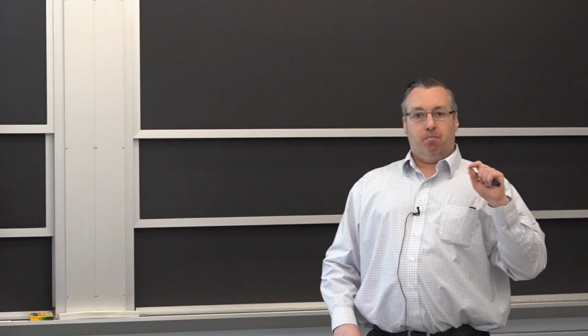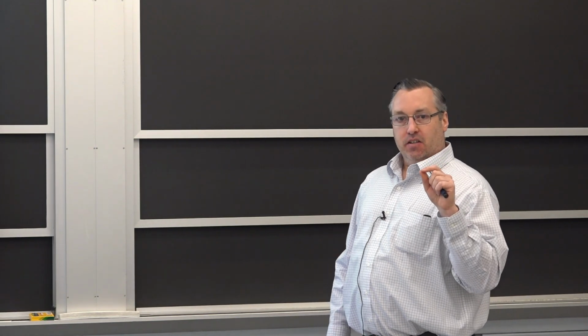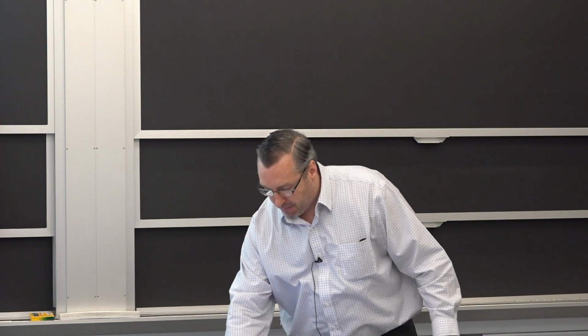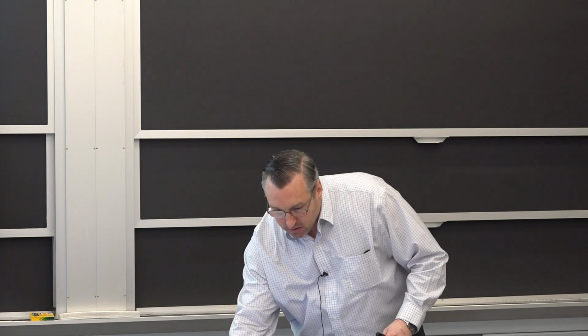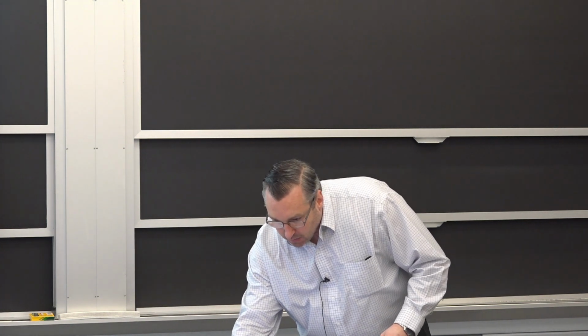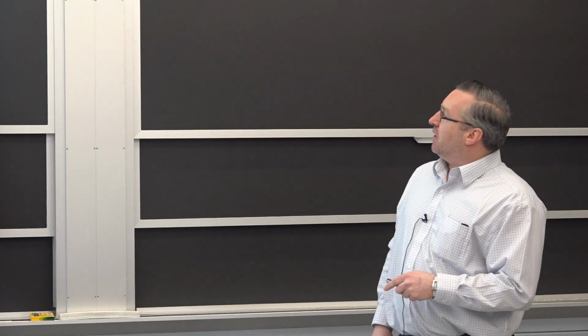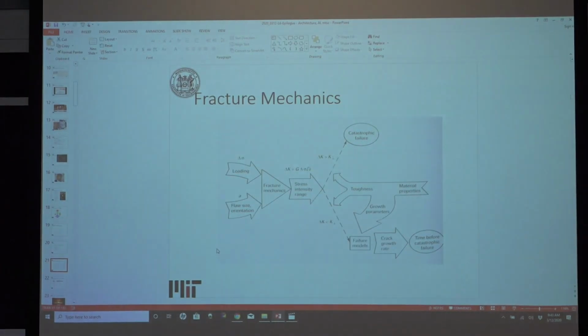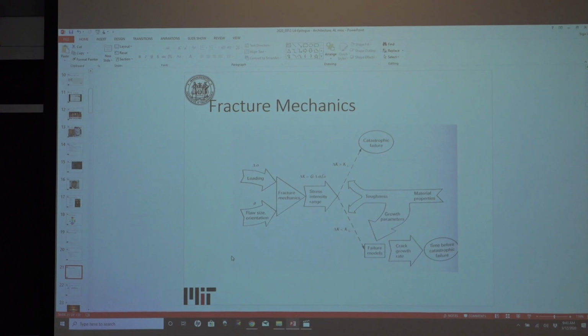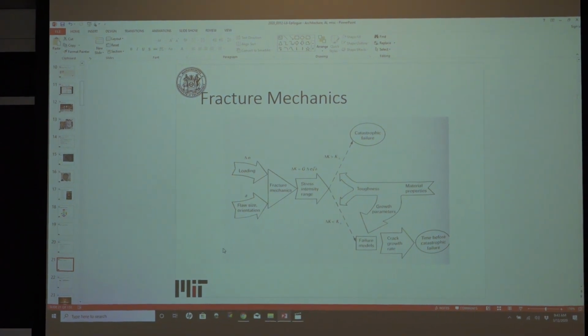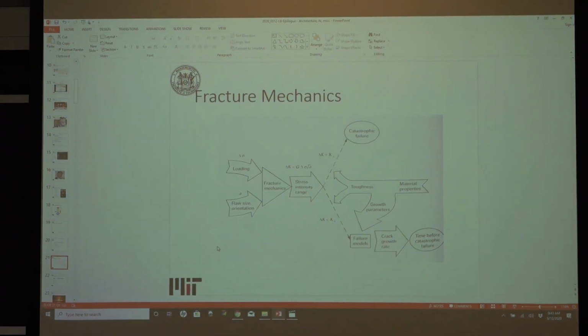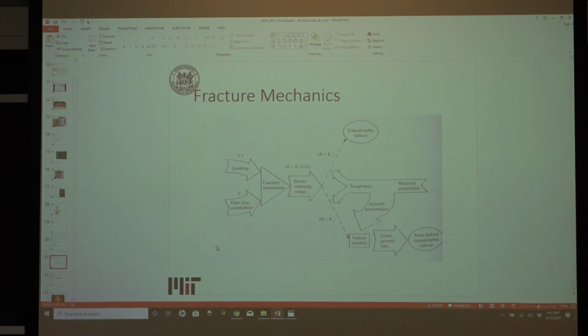One of the things is based on that flaw size. Based on the fracture mechanics and that flaw size, that is one of the inputs into your algorithm that you're developing.